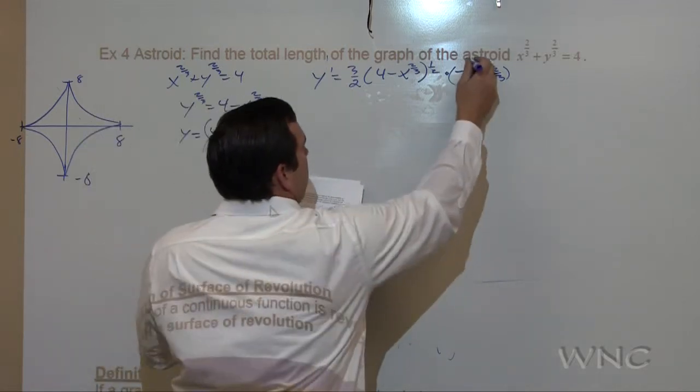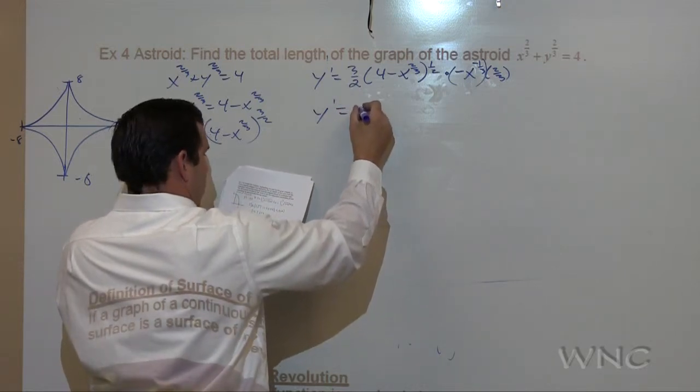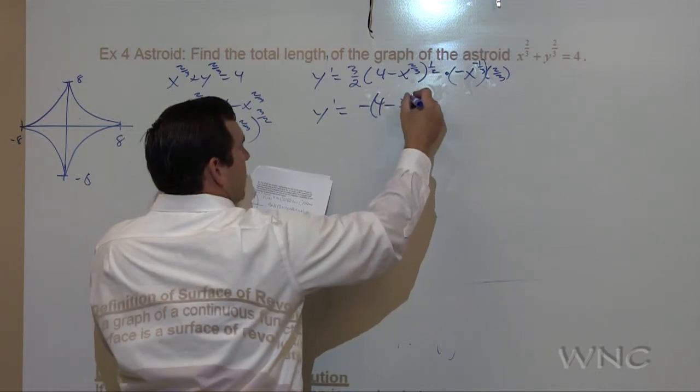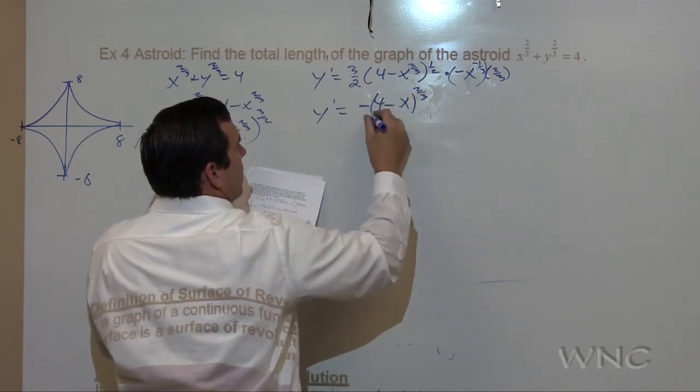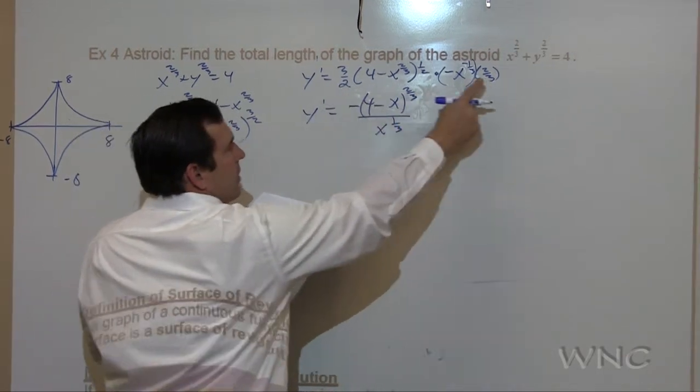Oh, sorry, that's a negative 1/3. So y prime is going to be negative the quantity 4 minus x to the 2/3, over x to the 1/3, because the 3/2 and the 2/3 cancel.